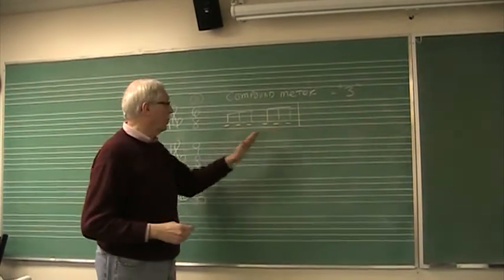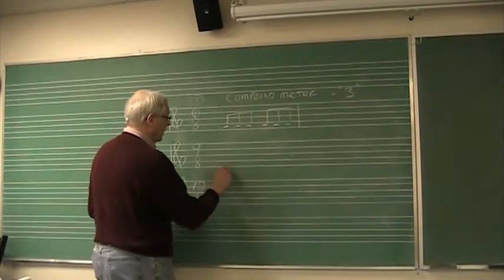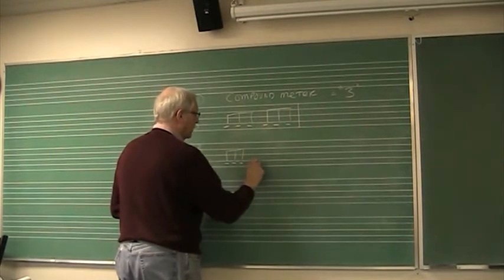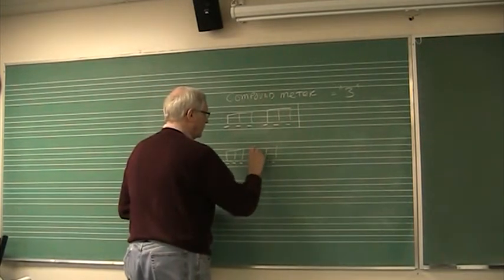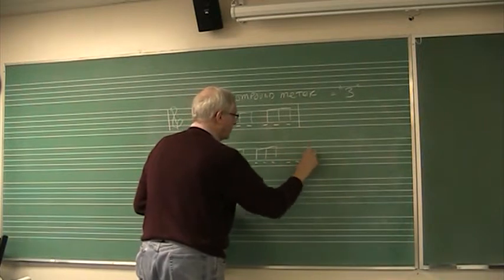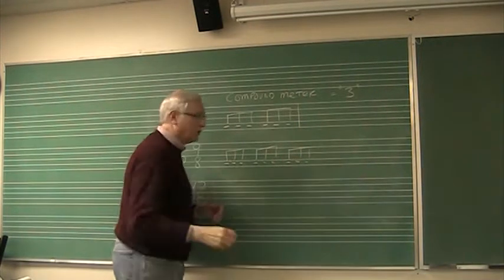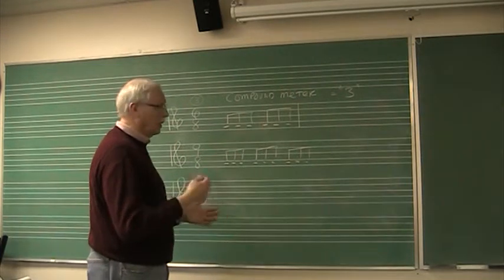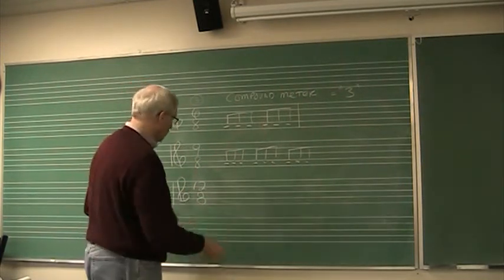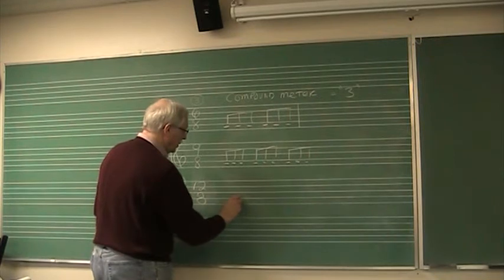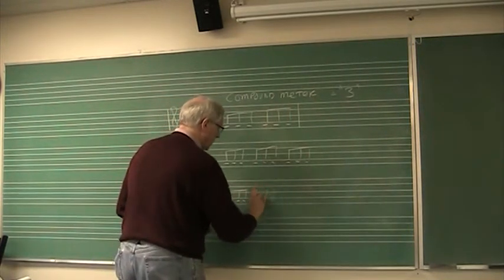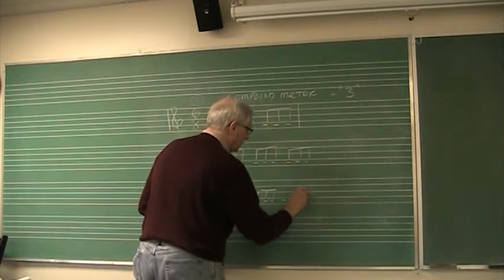So this is one measure in 6-8. In 9-8, you would have 3 groupings. And this is going to be helpful when we figure out how to count and feel the pulse of music. And in 12-8, you will have 4 groups of eighth notes.